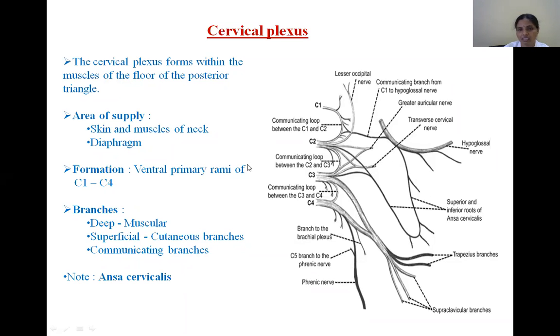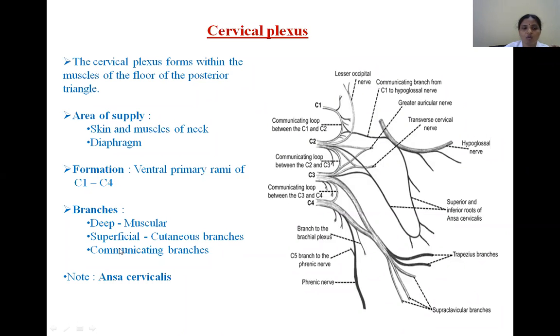So what are these muscles? Prevertebral and paravertebral. So they are supplying the prevertebral, including the rectus muscles and longus muscle. Then paravertebral muscle. The important paravertebral muscles present in the neck region are the scalenii muscles. So they are supplied by these deep branches.